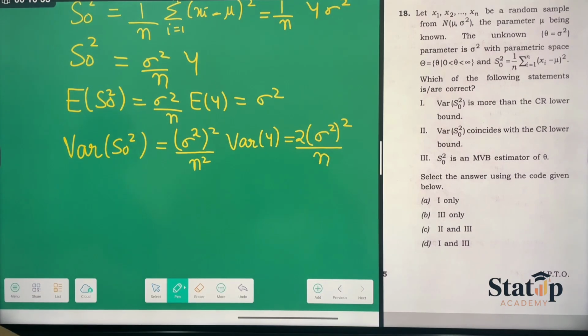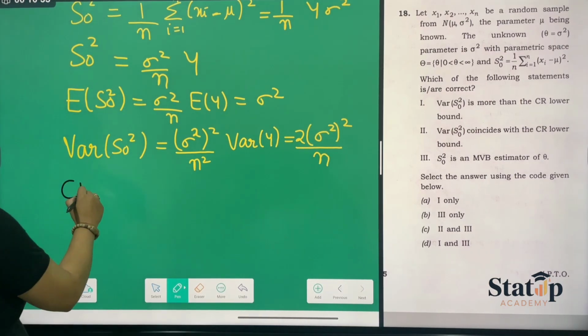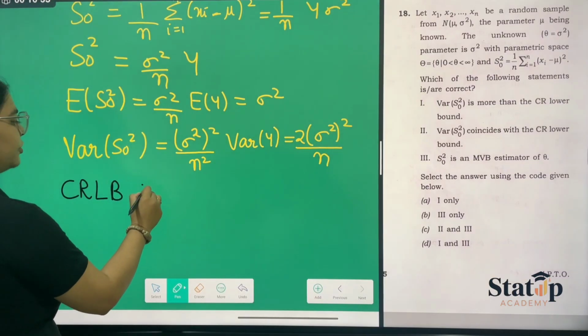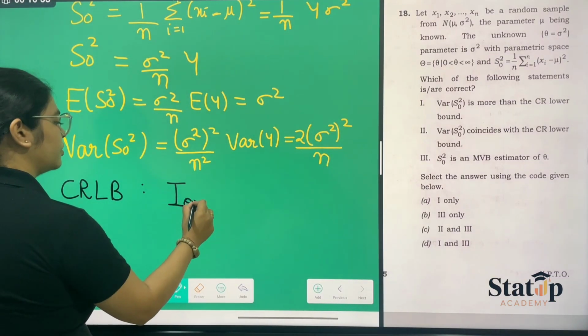Now we have calculated this. To calculate the CR lower bound, CRLB, we have to calculate the Fisher's information.